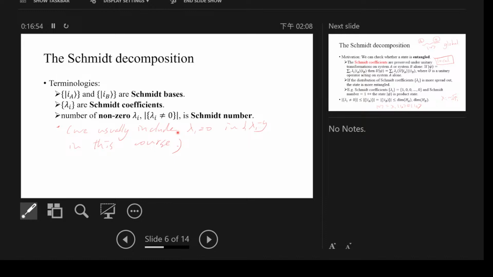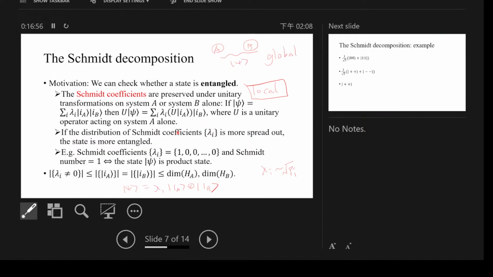A good motivation for Schmidt decomposition is that once you write down the Schmidt decomposition, you can check whether a state is entangled. We have really short time here, so we just state the result.